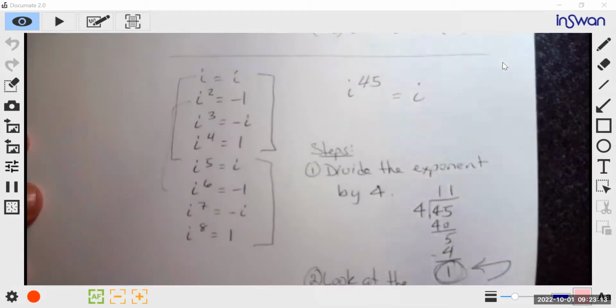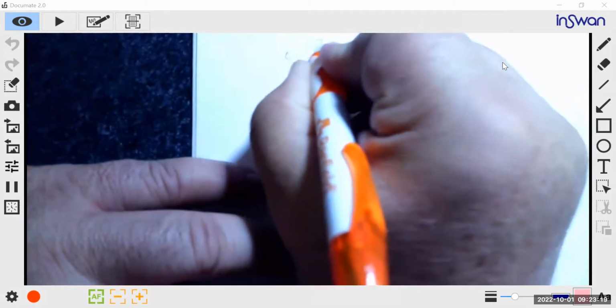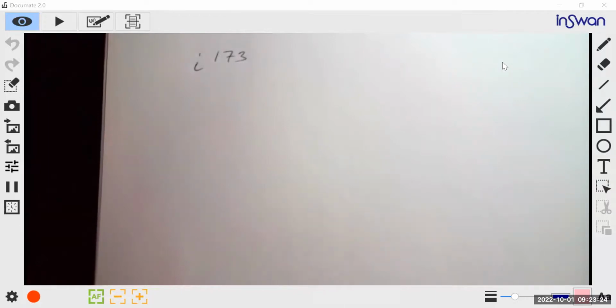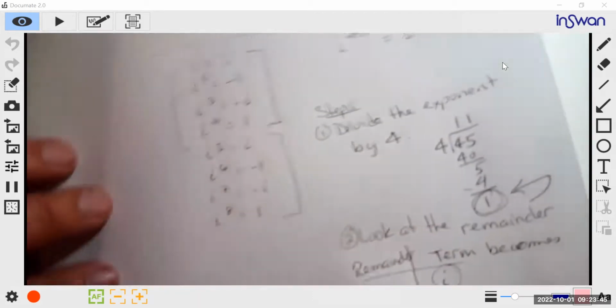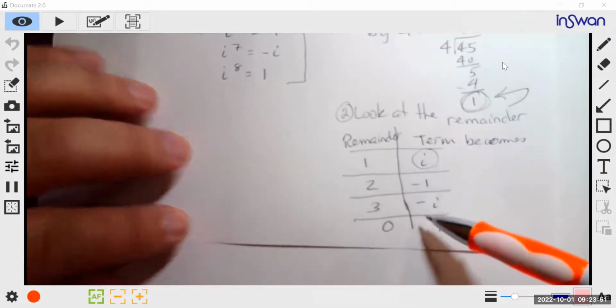Let's try another one. i to the 173. It goes i, -1... so 1, 2, 3, 0.